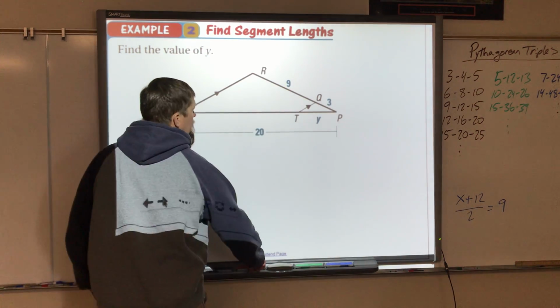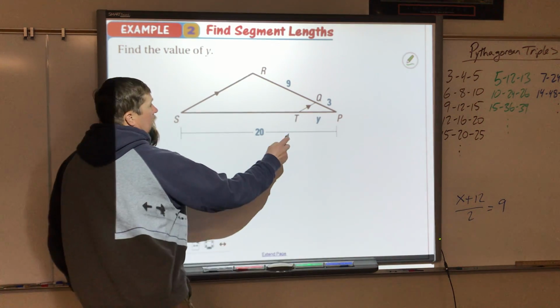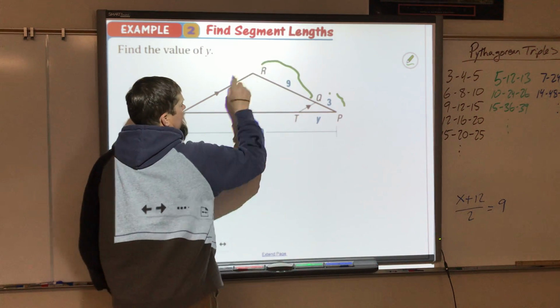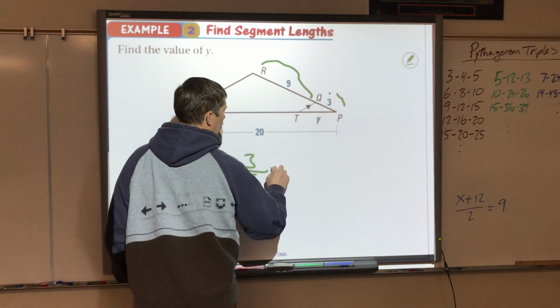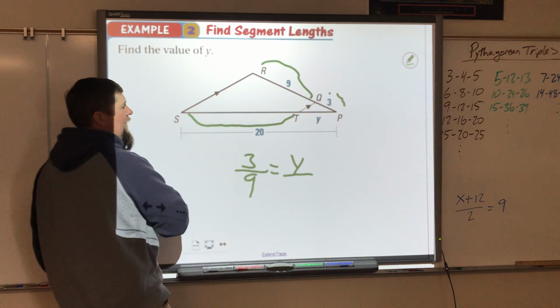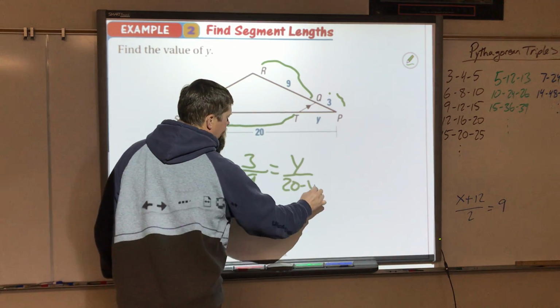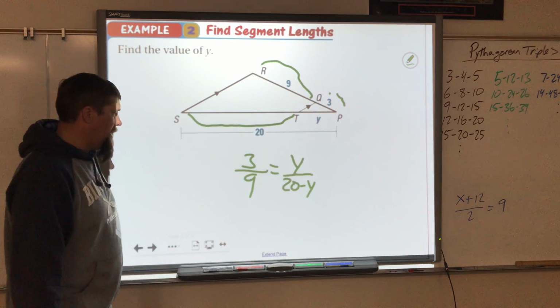Here again, this one is kind of a trick, so you've got to be careful. The small side, 3, compares to this smaller side, which is 9, as y compares to this smaller side, which is not 20. It's 20 minus y, because it's the full length minus the small part.